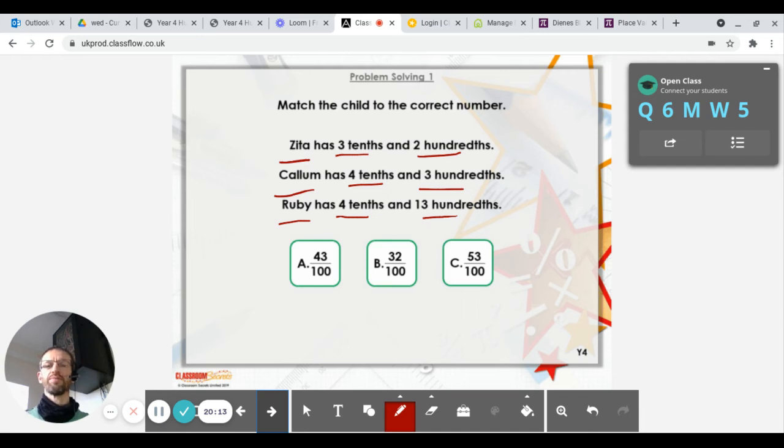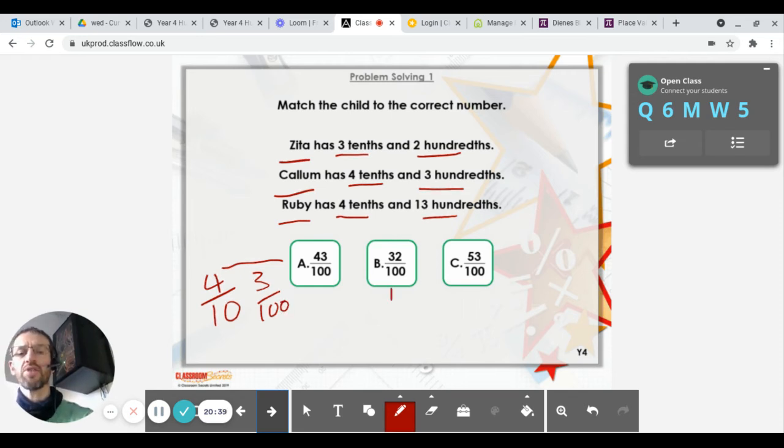Let's have a look. Zeta has 3/10 and 2/100ths. So if we're going to split these up into their tenths and hundredths, this one has got 4/10 and 3/100ths.